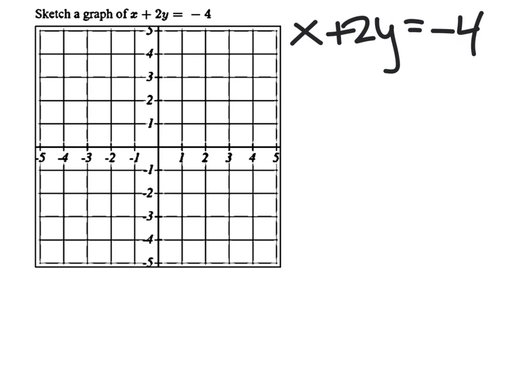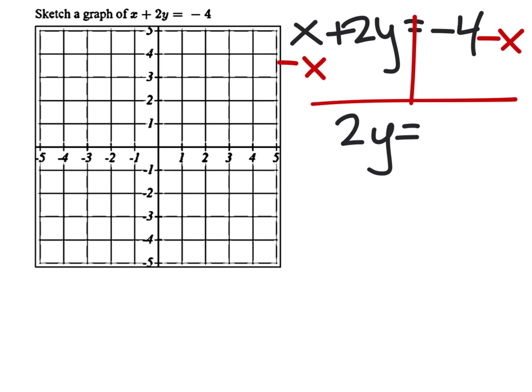And we want to change this into slope-intercept form, so we need to get rid of that x because we want to solve for y, right? And now we got 2y equals -4 minus x. But I can switch those around, right? So instead of -4 minus x, I have a negative x term and then a -4 term like this.